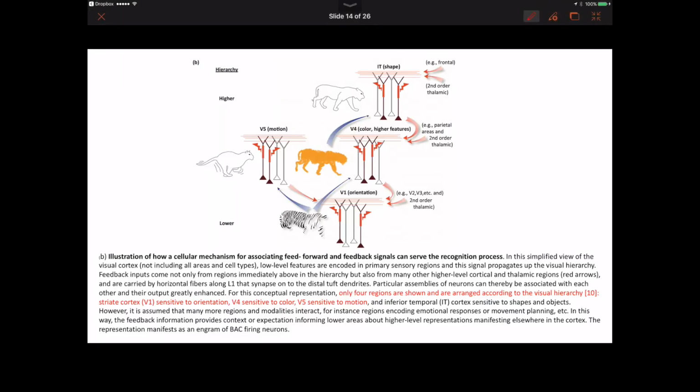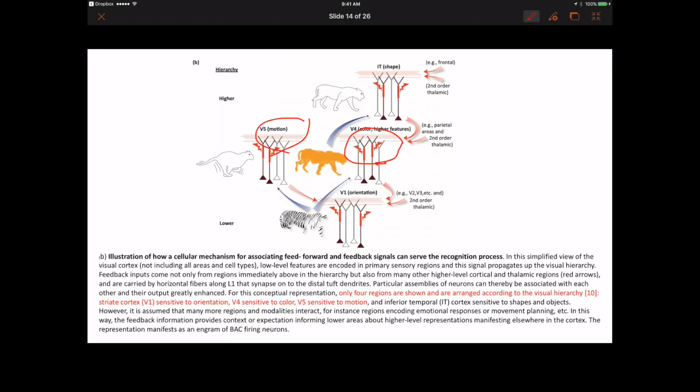Now, the picture of the tiger needs to be composed, as you know. V1 extracts only very fundamental features of the visual signal, such as orientation, for example. As we go to higher cortices like V4, we decode color, or in V5, we decode motion.